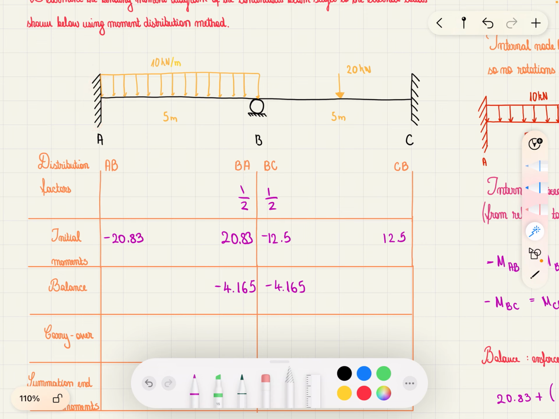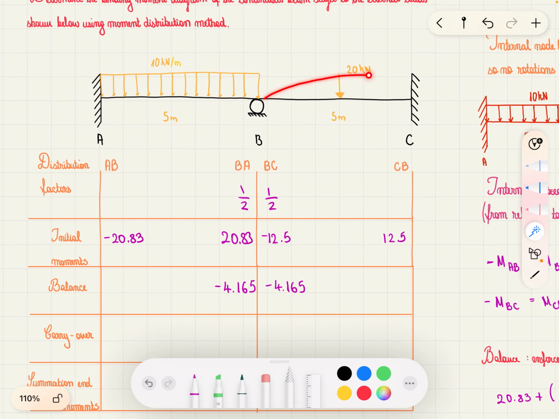If this was a pin end, the carryover moment would have been 0. But for a fixed support, the moment carried over from the nodal moment to the end member moment is half.